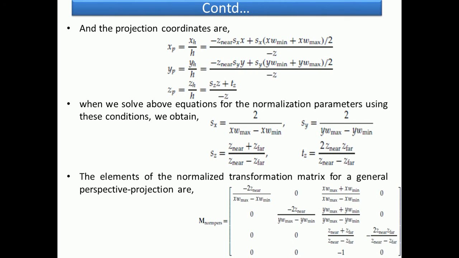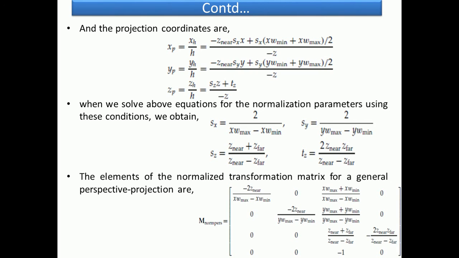To normalize this perspective transformation, we want the projection coordinates xp, yp, zp to be minus 1, minus 1, minus 1 when the input coordinates x, y, z are xw min, yw min, z near, and we want the projection coordinates to be 1, 1, 1 when the input coordinates are xw max, yw max, z far. Therefore, we solve the previous projection coordinate equations for the normalization parameters using these conditions.